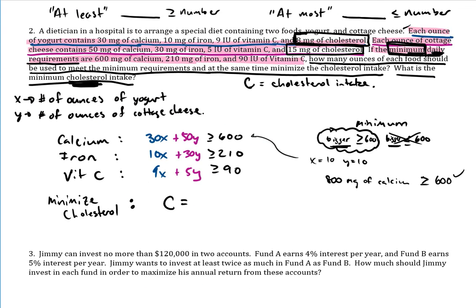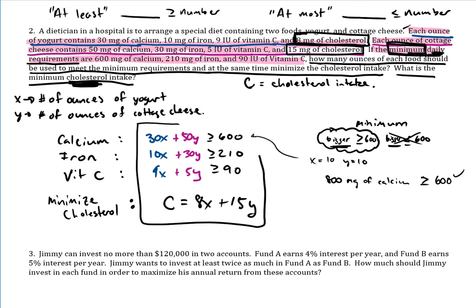Here it's also equals, but we're doing cholesterol this time. So minimize cholesterol, and from there we can attach the corresponding units: 8 milligrams for the yogurt, 15 milligrams of cholesterol for the cottage cheese. So 8x plus 15y. And that looks like that's everything.